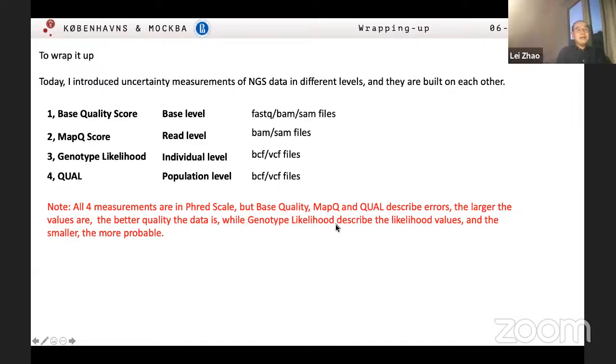But for genotype likelihood, the Phred scaled score just describes the value of the likelihood. So the smaller the Phred scaled likelihood score is, the more probable the corresponding genotype is. This is an interesting observation, just to share with you.